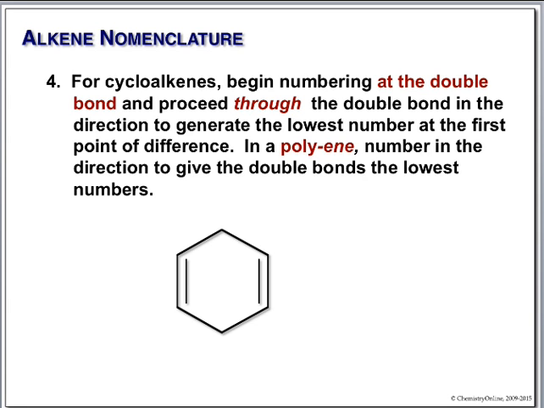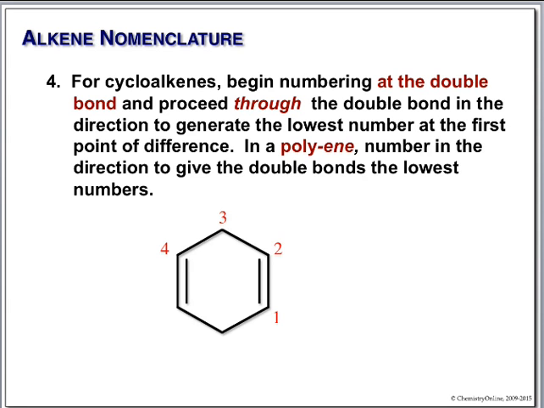Carbon 2 will then be the next alkene carbon. So as we number this, we could say that this was carbon 1, but then this therefore must be carbon 2. Here we have 2 double bonds, so we're going to use diene in our name.